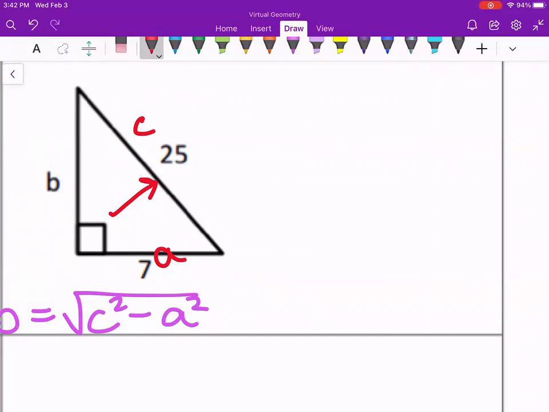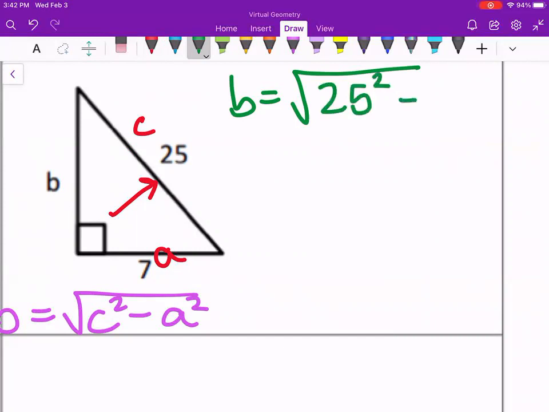In this case, our missing side, we're going to square them and subtract. So C goes first. 25 squared minus the other leg squared, in this case 7 squared. And let's see what we have.